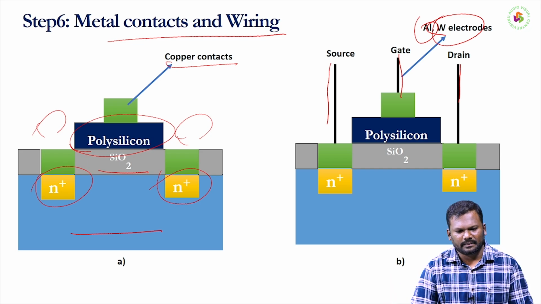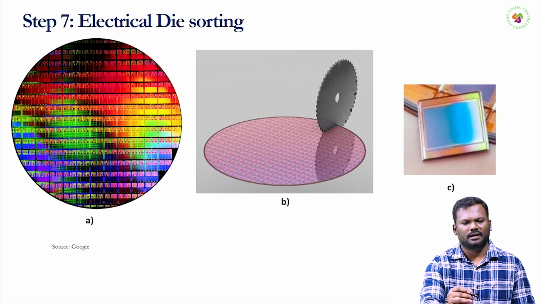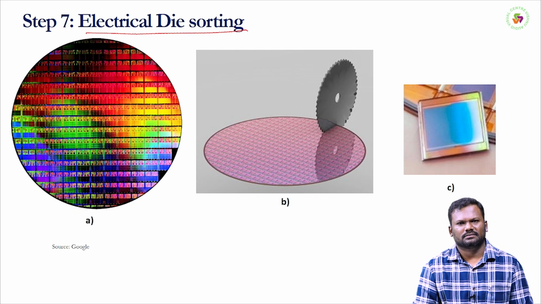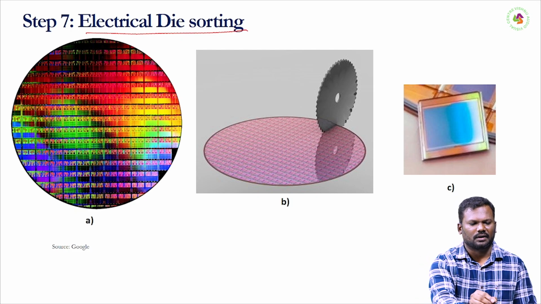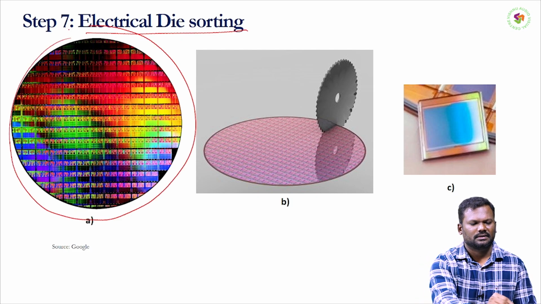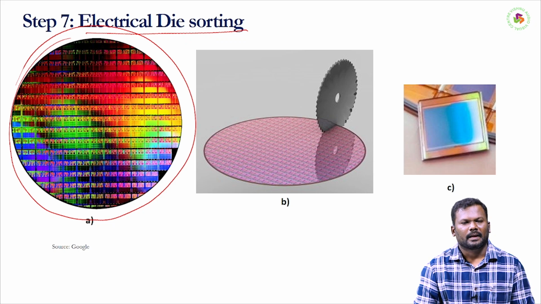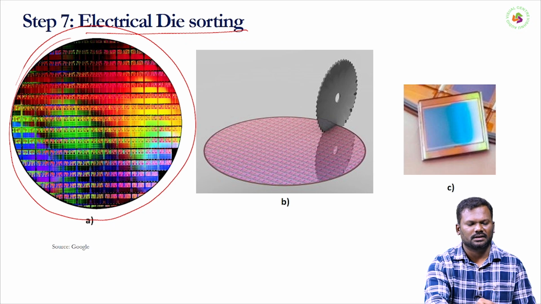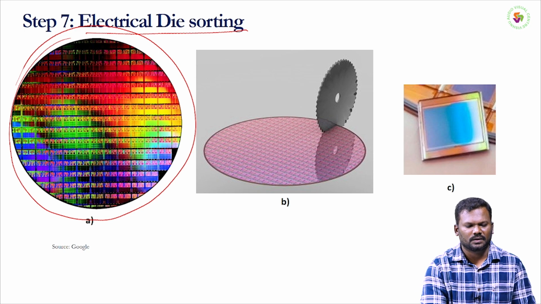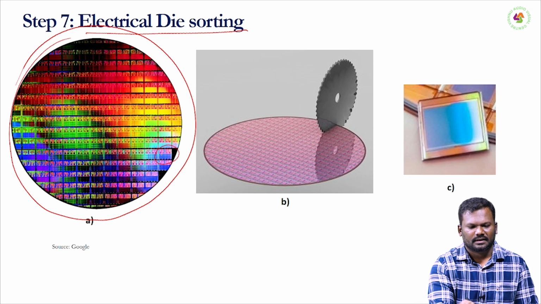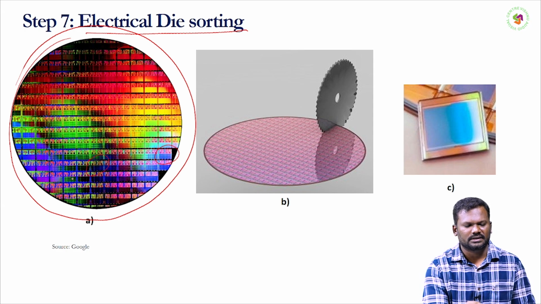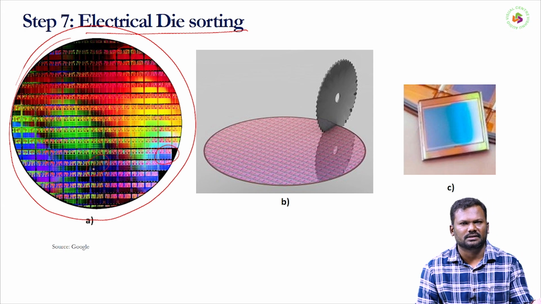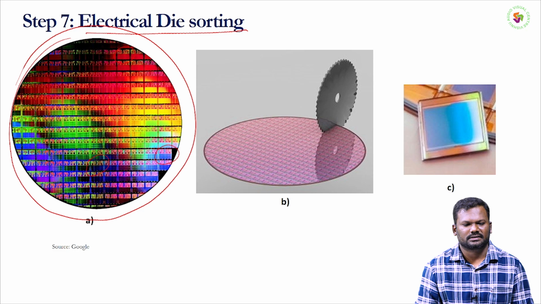The final step is electrical die sorting. After all these steps, millions and billions of transistors are fabricated on a single silicon wafer. If you see these rectangular boxes, each consists of millions of transistors.